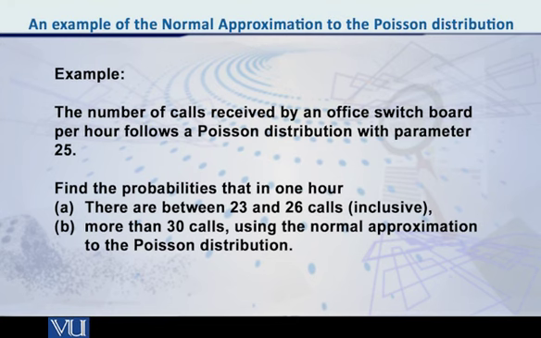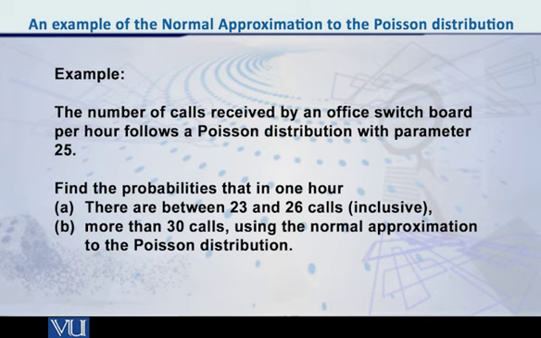So let me explain all this with the help of an example. Suppose that the number of calls received by an office switchboard per hour follow a Poisson distribution with parameter lambda equal to 25.